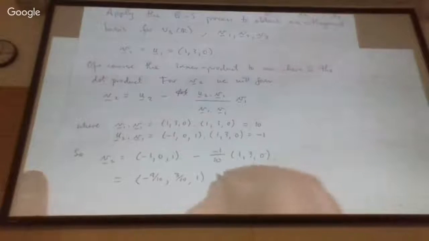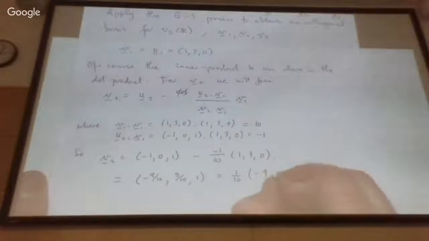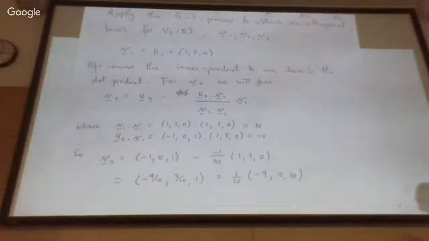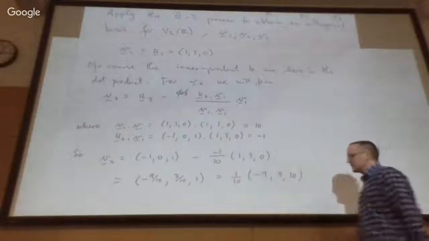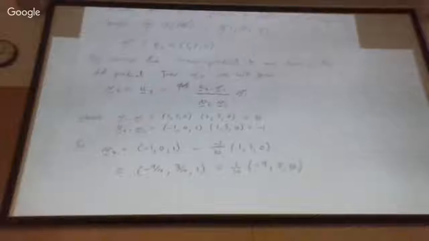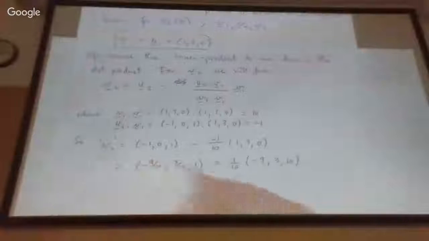Or if you wanted to present that slightly better, you could take out the 1/10. Then at least the thing has small integer entries. Taking out any fractional parts may be a nice way of presenting vectors. It's not necessary, of course, but it makes the presentation a bit easier. So there we've successfully generated V1 and V2.